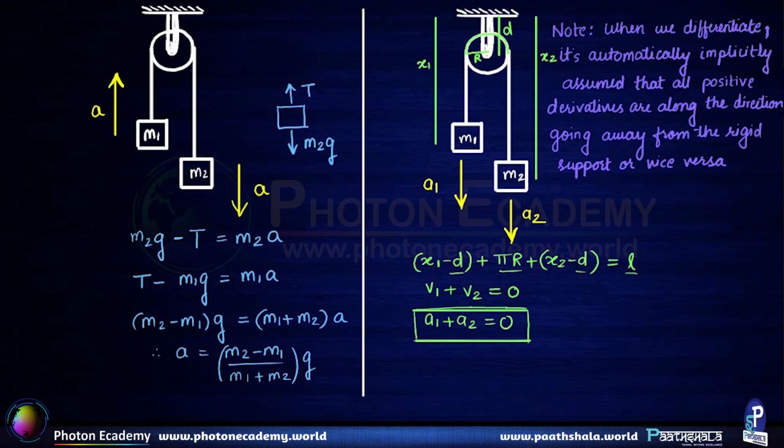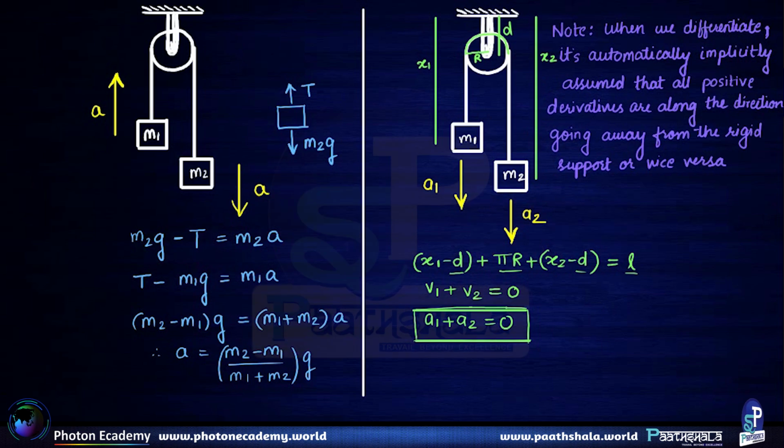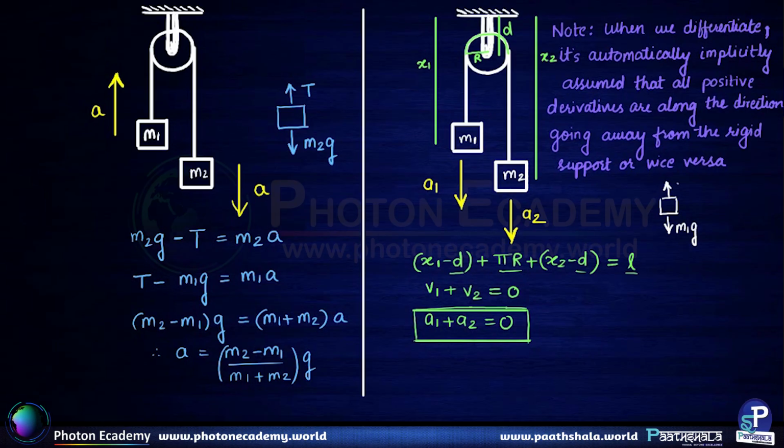The other two equations are simply given by Newtonian dynamics. Let us say we are analyzing the mass m1. The mass m1 has a force m1g in the downward direction and a tension force T in the upward direction. So basically m1g minus T is equal to m1a1. This is the equation that we can write for the mass m1.